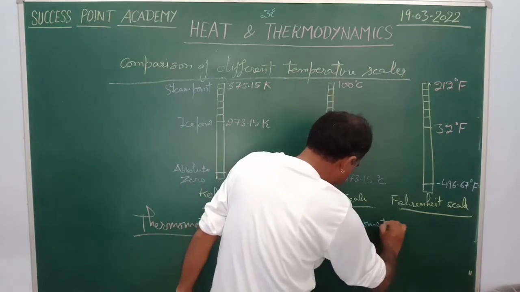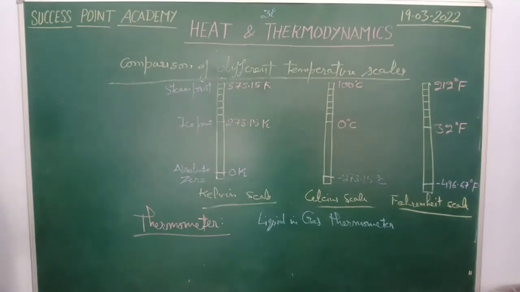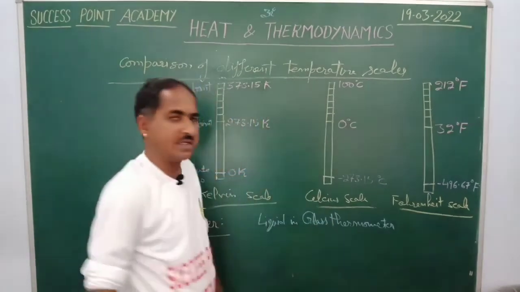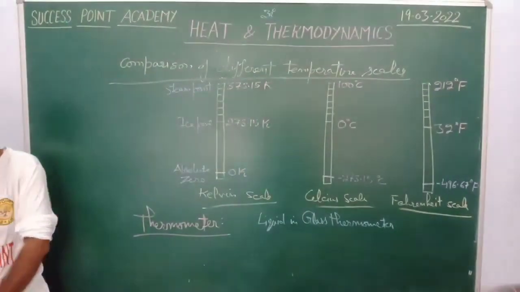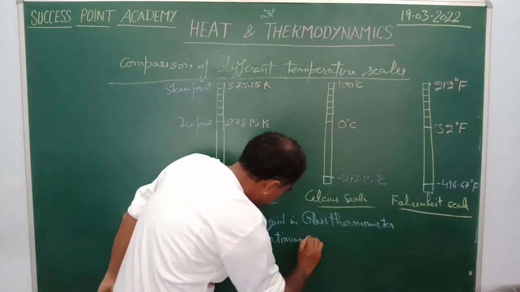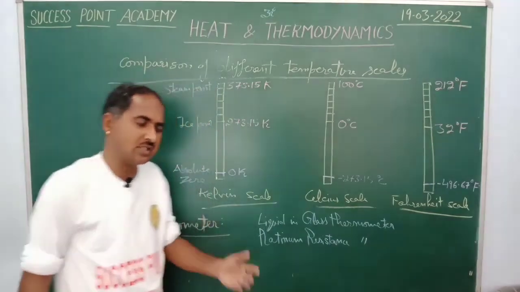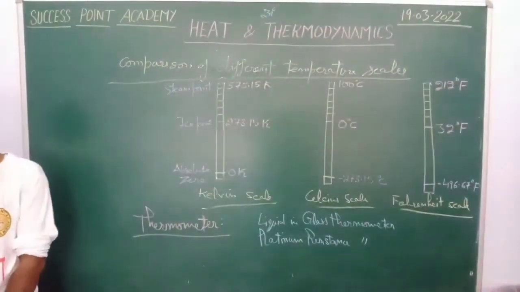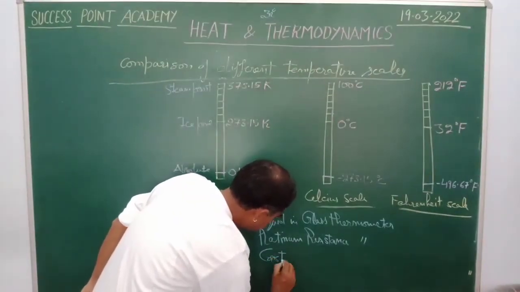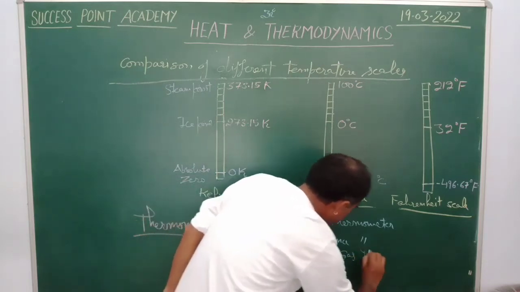This is one kind of thermometer with which we can measure temperature. Then we have the platinum resistance thermometer. This is also a kind of thermometer. And next we have the constant volume gas thermometer.